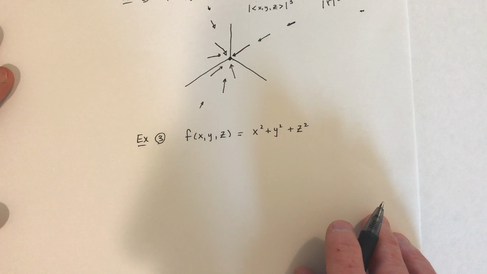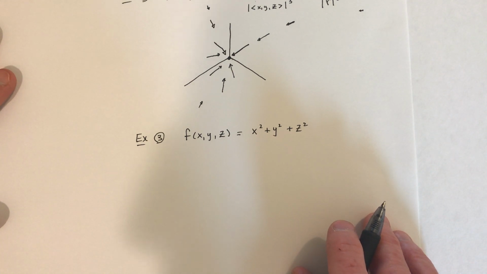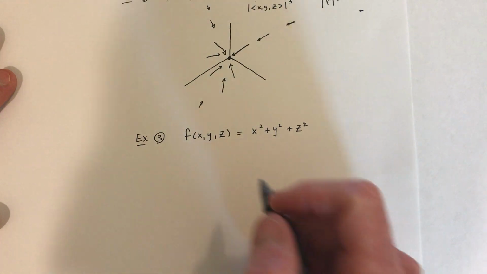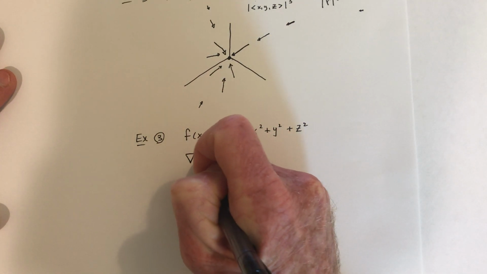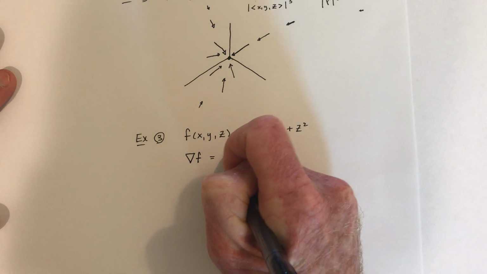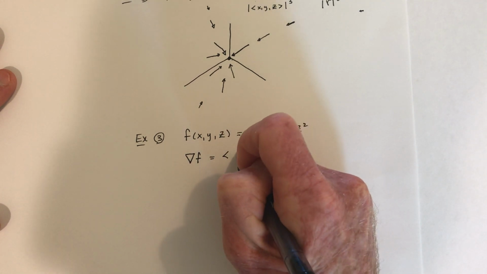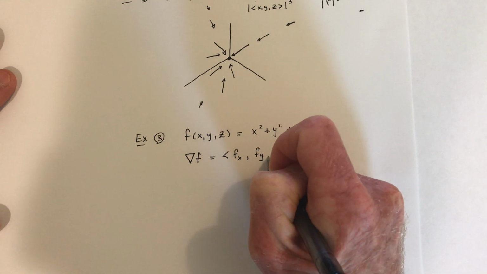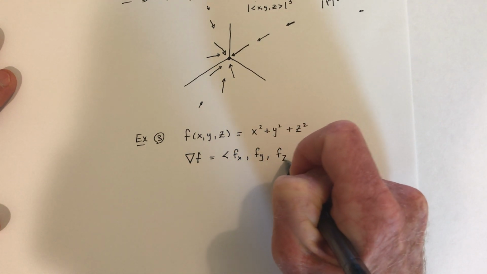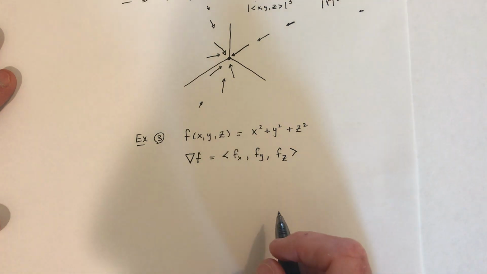So how do we get a vector function out of that? Oh yeah, you're right. What about the gradient? So the gradient is the vector where you take the derivative with respect to x, the derivative with respect to y, and the derivative with respect to z. And now we've just created a vector field.